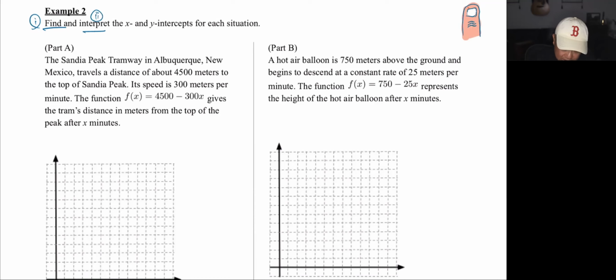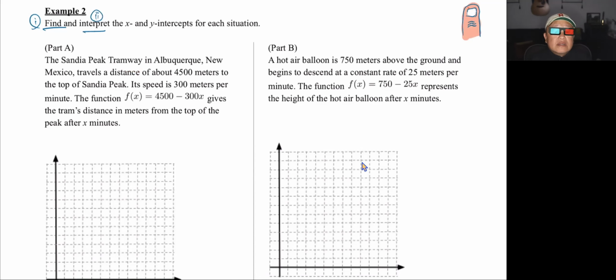So the Sandia Peak Tramway in Albuquerque, New Mexico, travels the distance about, the tramway, right? The tram travels the distance about 4,500 meters to the top of the Sandia Park. And its speed is 300 meters per minute, right? It's not the fastest thing in the world. Is that fast, actually? I don't think so.